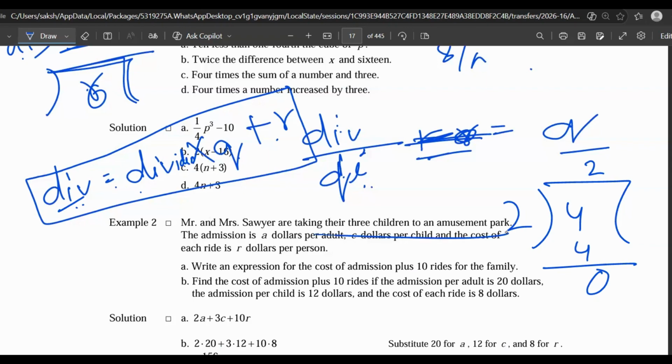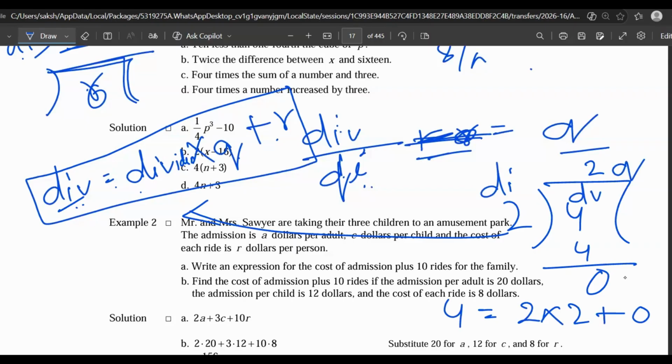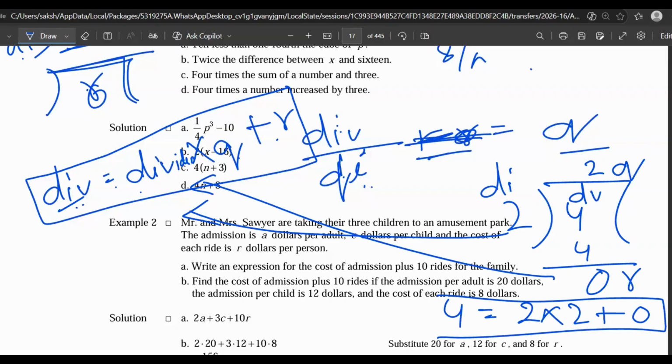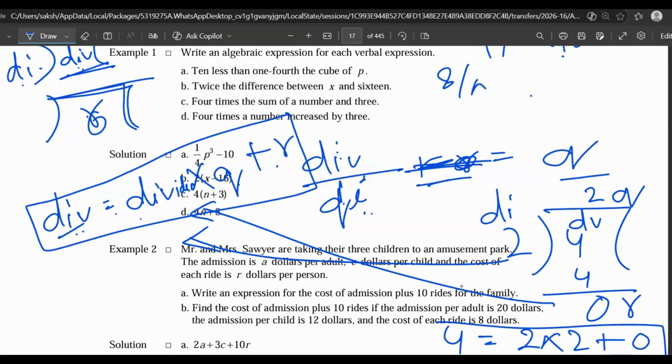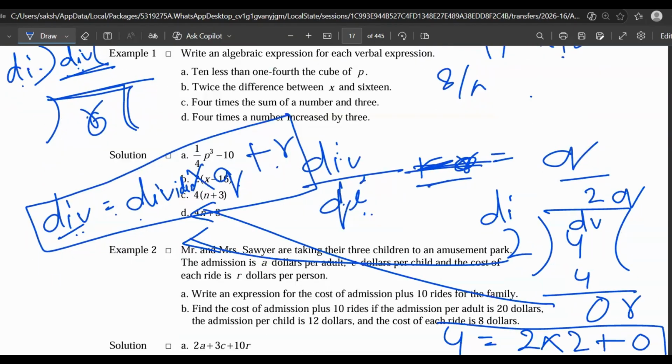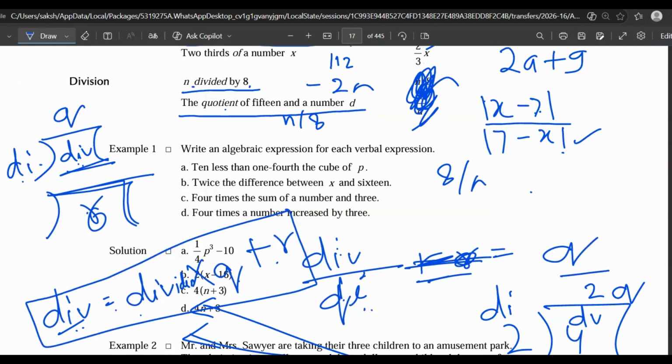So if I have to express it in the same equation, what will you write? 4 is equal to 2 times 2 plus 0. This one is your divisor, this one is your dividend, this one is your quotient, and this one is your remainder. So the above equation is being converted into this format. Clear? Okay, ma'am. Yes. Now, based on this, let's do some questions. Okay, let me remove this.